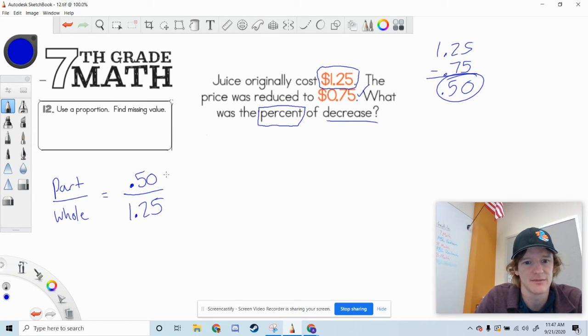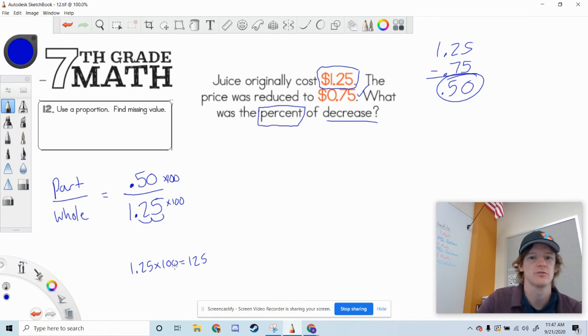I'm doing times 100 because I want to move that decimal 2 times. 1.25 times 100 is 125. So I have 50 over 125.